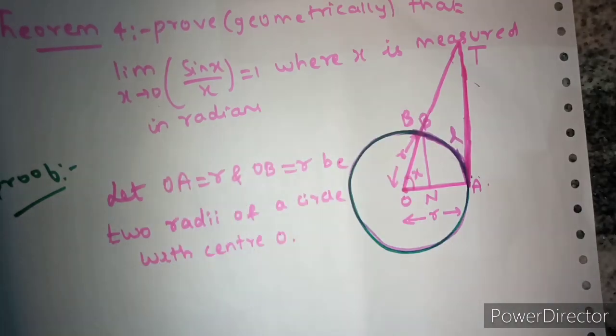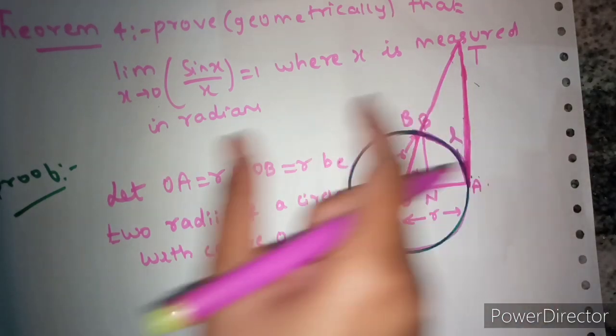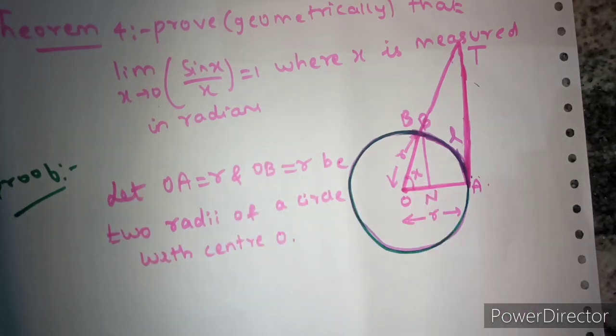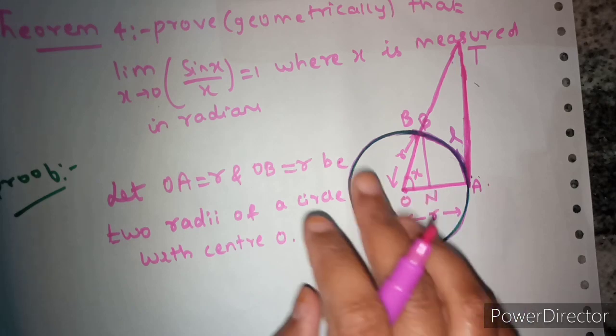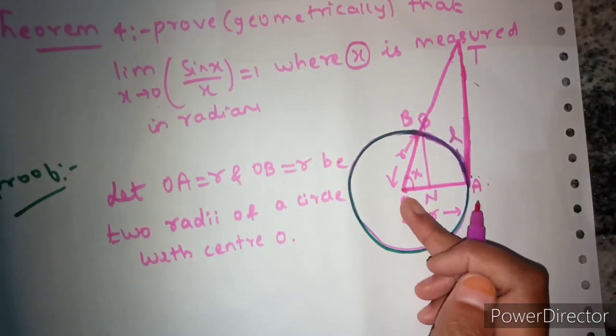That means x will be in the form of pi, pi by 2, pi by 3, pi by 4, pi by 6 and so on. You may ask why I haven't taken this angle as theta. In the statement they have mentioned that the angle is x, so I have taken the angle as x.